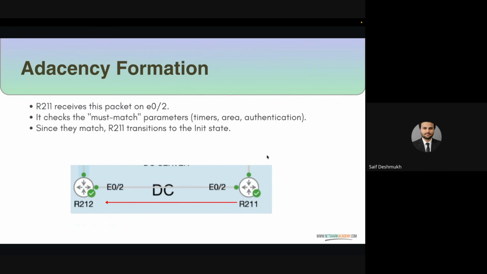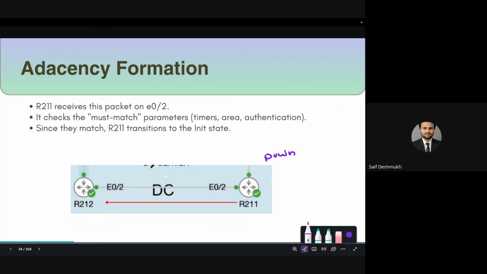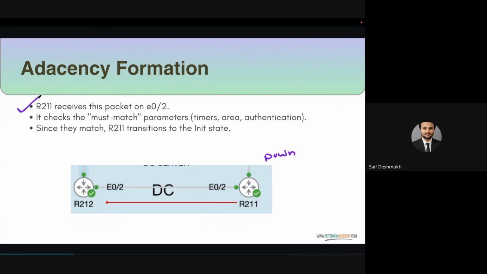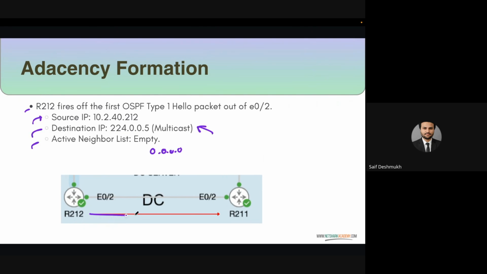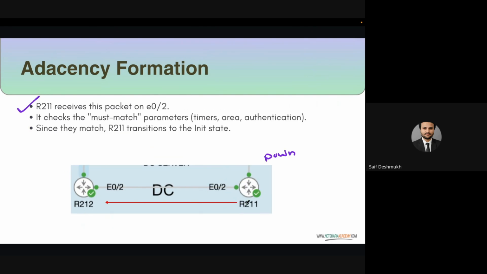Router 211 on this side was down earlier. Router 211 has received this hello packet. What router 211 does is first check those parameters: timers, area, the authentication. If it's a stub area, it's going to check the stub area flags as well. If those match, it's going to change the state from down to init.